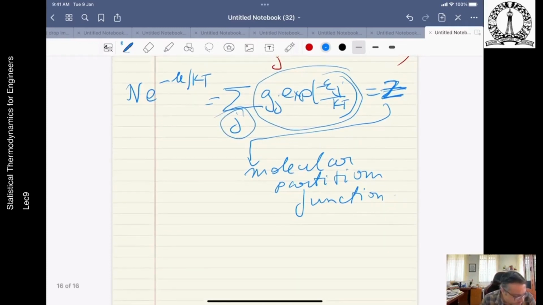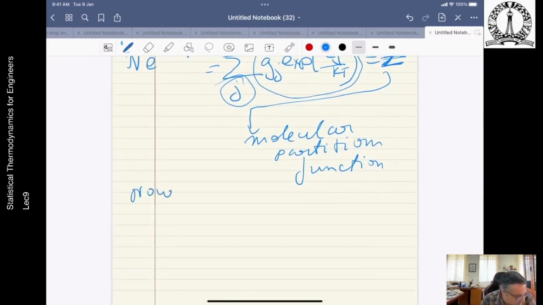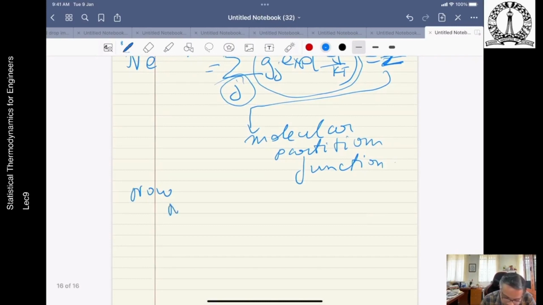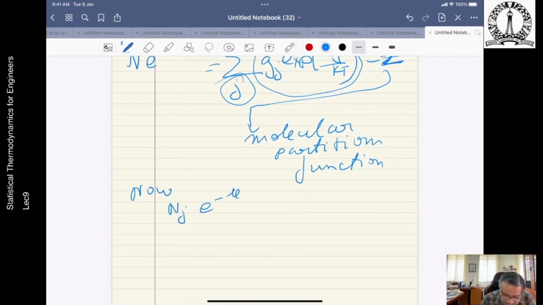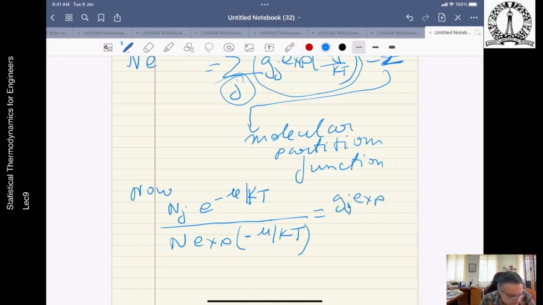Okay, now if you take Nj exponential minus mu by kT and divide it by N exponential minus mu by kT, that is nothing but Gj into exponential minus Ej by kT divided by Z. So what is this particular term?